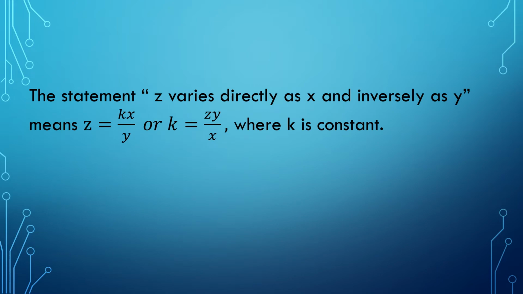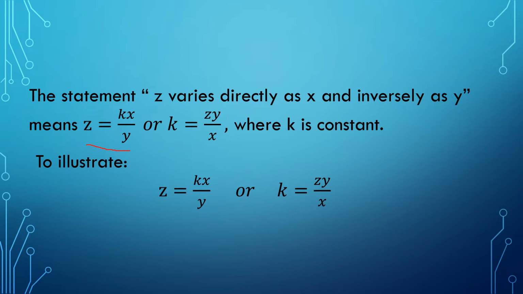Okay, what is a combined variation? The statement z varies directly as x and inversely as y means z is equals to kx over y, or k is equals to zy over x, where k is constant.